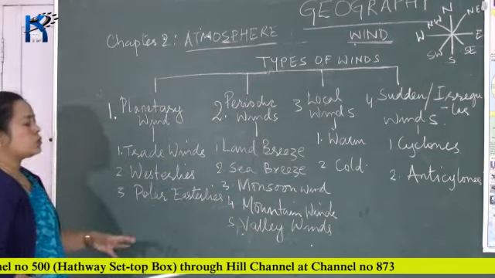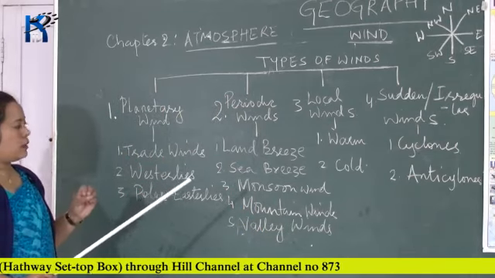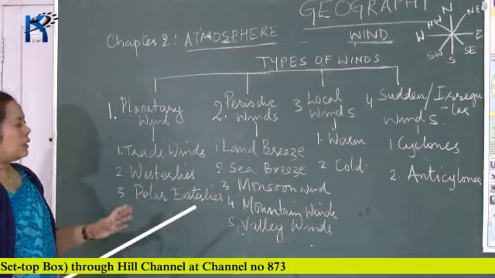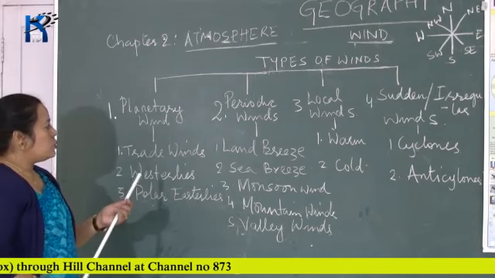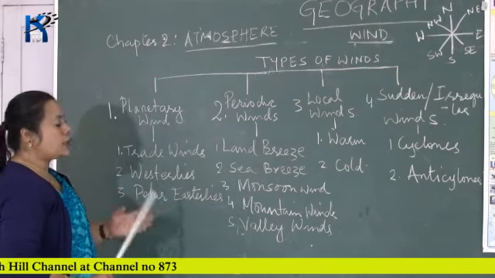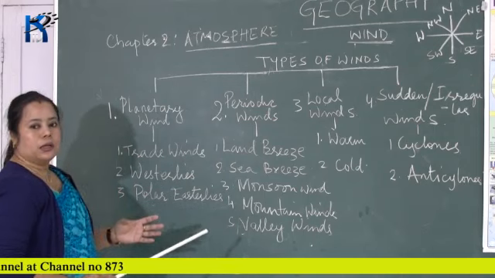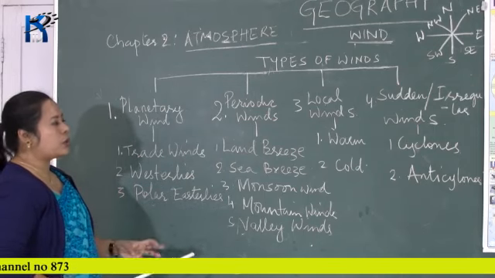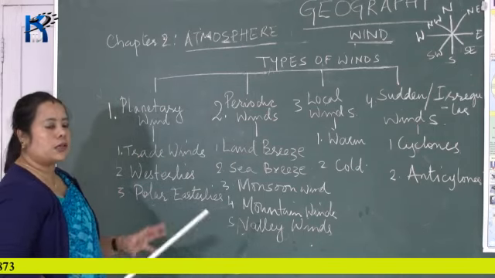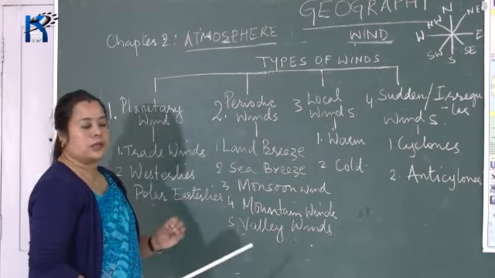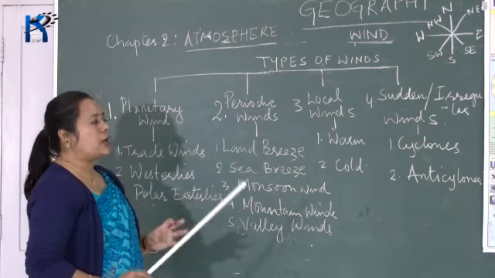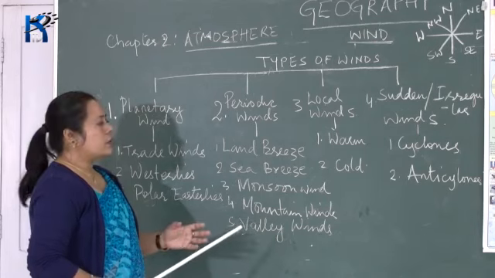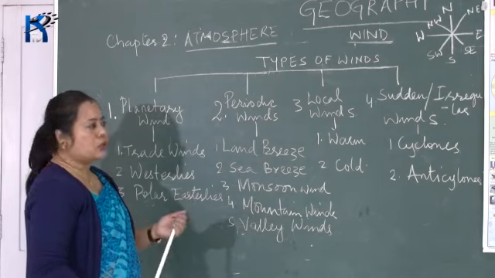As I already told you, the main factor which affects the air to move is high pressure and low pressure, and this high pressure and low pressure is created by the temperature difference.